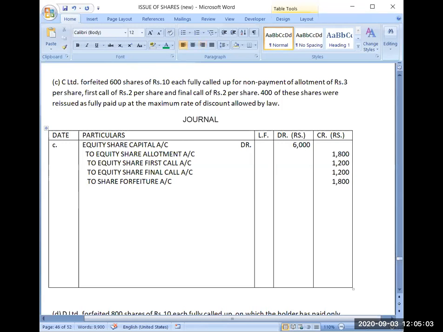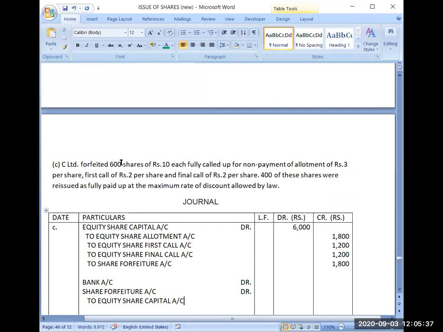Now next is bank account debit, share forfeiture account debit, to equity share. Now you tell me bank amount. Keep in mind that we have forfeited 600 shares and we are issuing only 400 shares.